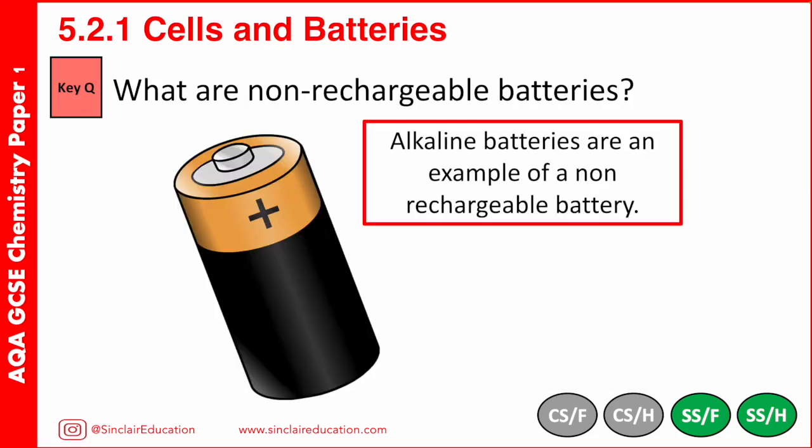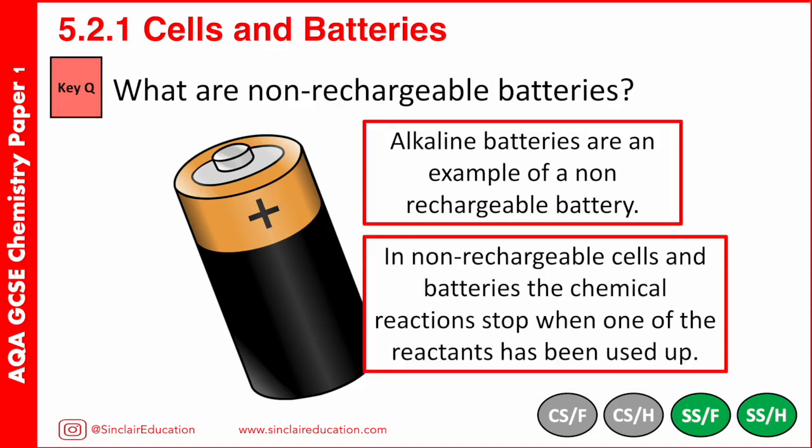Non-rechargeable batteries tend to be alkaline batteries, and what basically happens is when the chemical reactions within that battery and within those cells stop, the reactants are used up, there is no longer a potential difference. That battery is then run out.